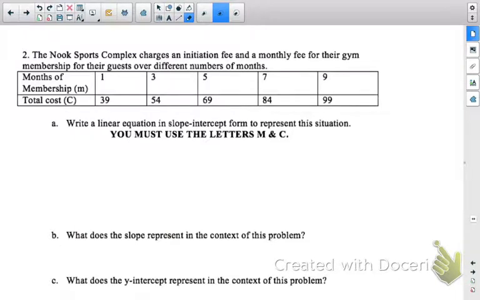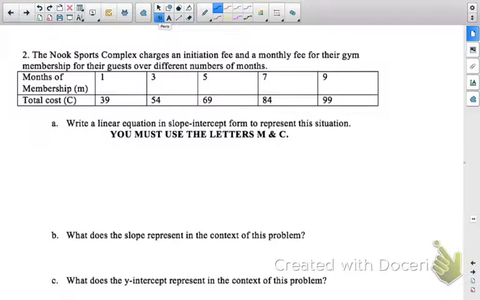The next question is about writing the equation of a line and interpreting the different parts. So the Nook Sports Complex charges an initiation fee and a monthly fee for their gym membership for their guests over different numbers of months. So I look at my table, and one of the things I start by doing is I mark my x and my y.